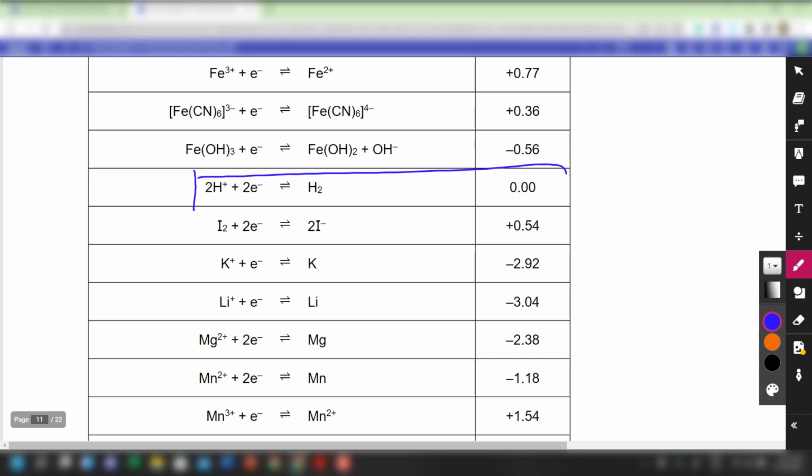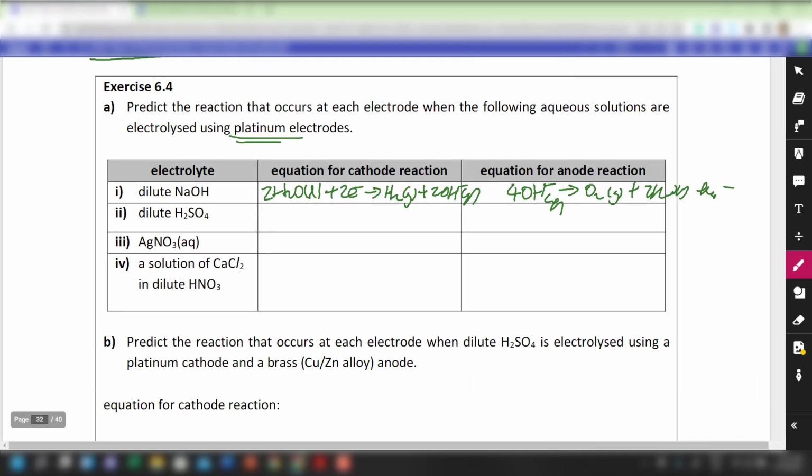So I expect the equation at the cathode to involve H+, which will be reduced to give us hydrogen gas. At the anode, again, it's the same story. I expect water to be oxidized, same as what we discussed earlier on: 2H2O gives O2 + 4H+ + 4e-.